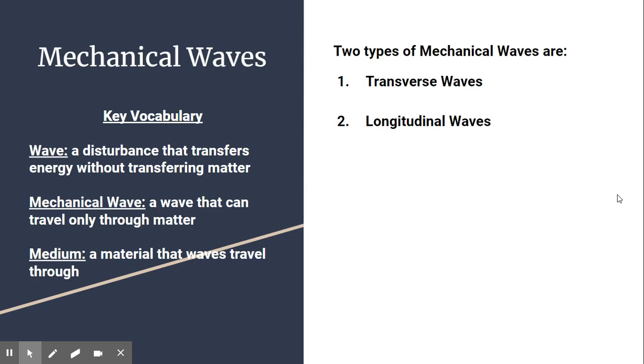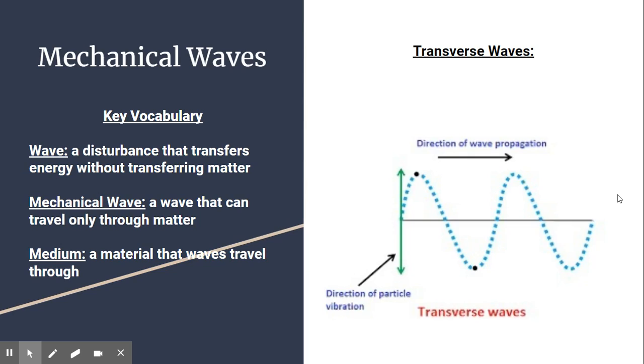For mechanical waves, there are two types: transverse waves and longitudinal waves. We're going to focus on transverse waves today, and you'll see longitudinal waves another day. Transverse waves have a direction of motion, so they're moving in a direction. In this example here, they're moving from left to right.